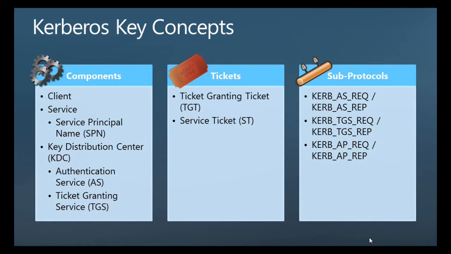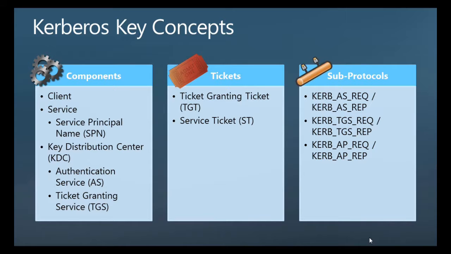First is the ticket granting ticket. The ticket granting ticket basically allows us to go back to the KDC at a later time to grab the second type of ticket, which is a service ticket. It's the service ticket which has the identity information that we need to be able to either authenticate and/or delegate to another service.